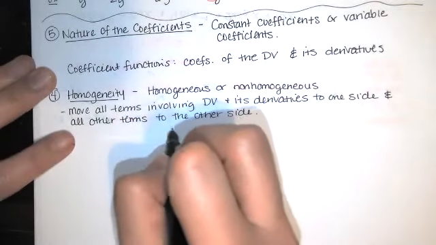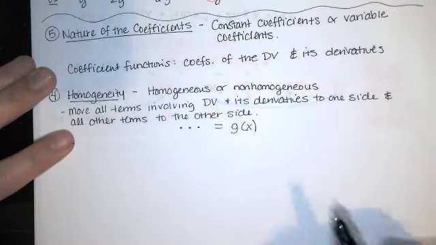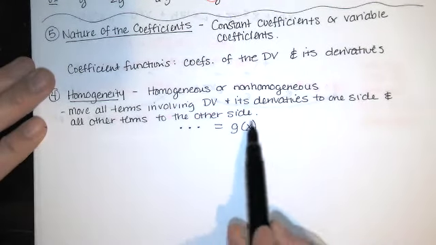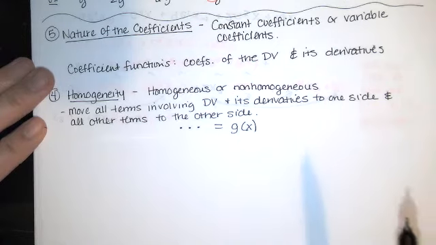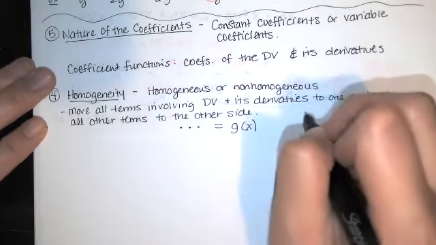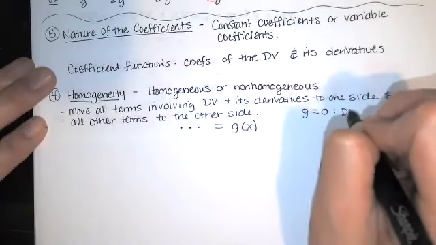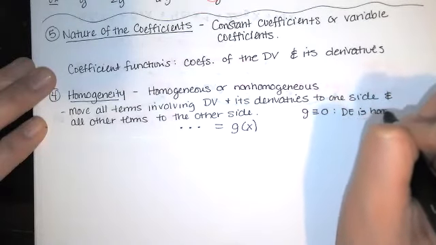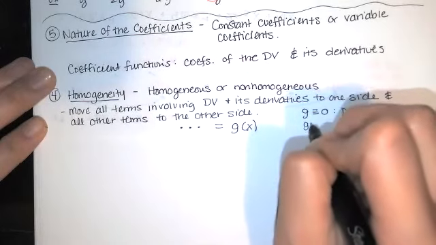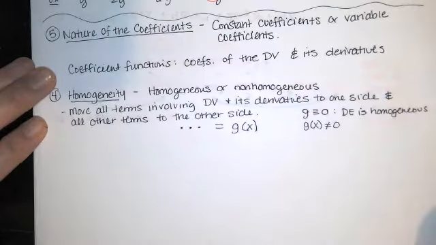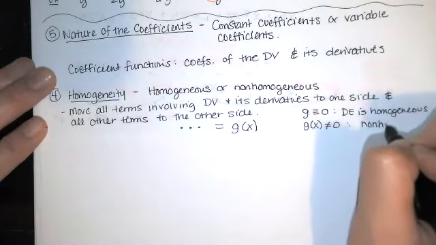So you've got the dependent variable terms over here, and then g of x. And this is the sum of the terms that do not contain the dependent variable. If g is equal to 0 all the time, then the DE is homogeneous. We call it homogeneous. If there's any x value where g is not equal to 0, then the DE is called non-homogeneous.